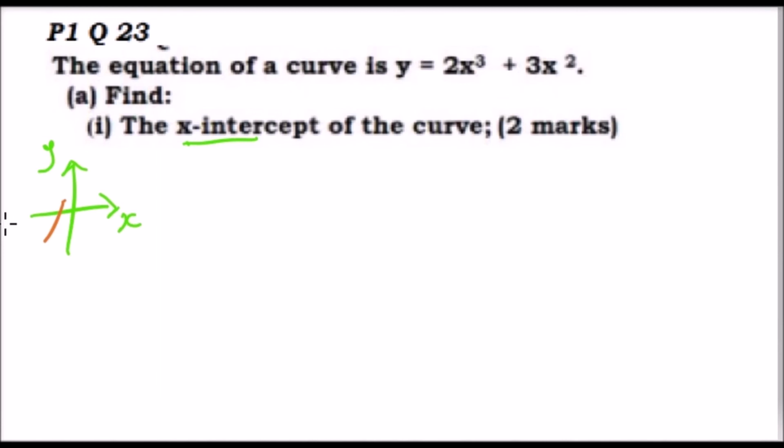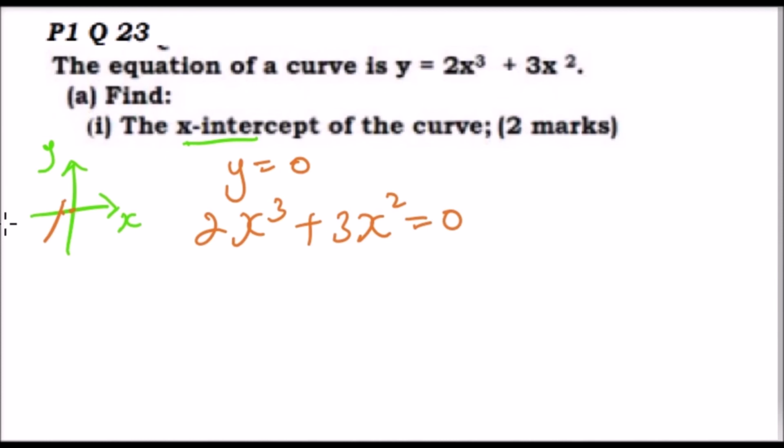So you can see at that point the value of y is 0. This means that at the x-intercept, y equals 0, and therefore we can equate 2x cubed plus 3x squared equals 0.